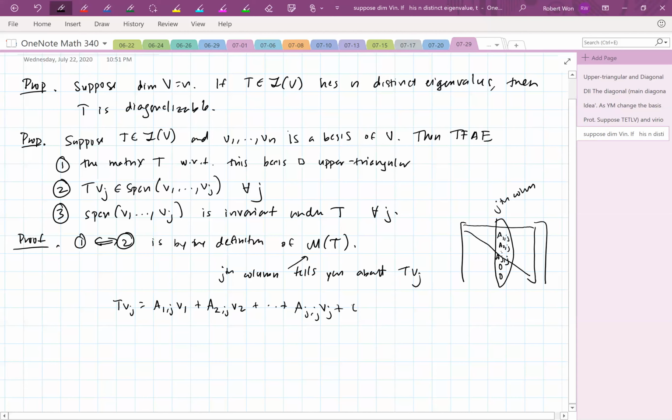But then you have only zeros after that. Again, the jth column of the matrix tells you how to write T of Vj in terms of the basis. So to say that you're 0 below the diagonal just means that the coefficients are 0 after this point. But this is exactly saying that T of Vj is in the span of the first j of the basis vectors.